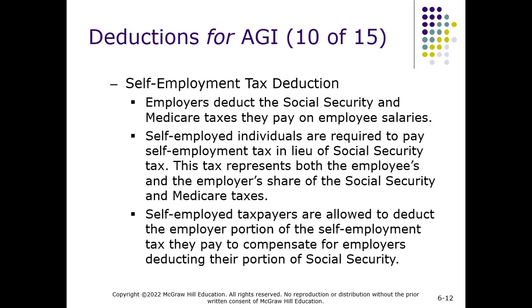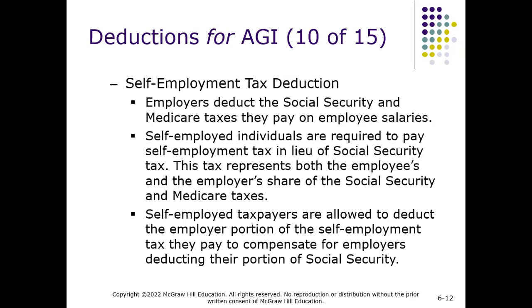So if you look really quick on page 6-8, example 6.6, Courtney reported $18,000 of net income from her self-employed consulting service. Now, remember, a self-employed person must include that profit on their tax return and pay a normal income tax.